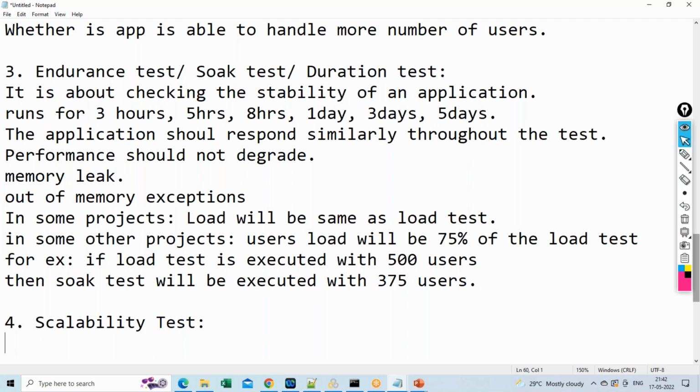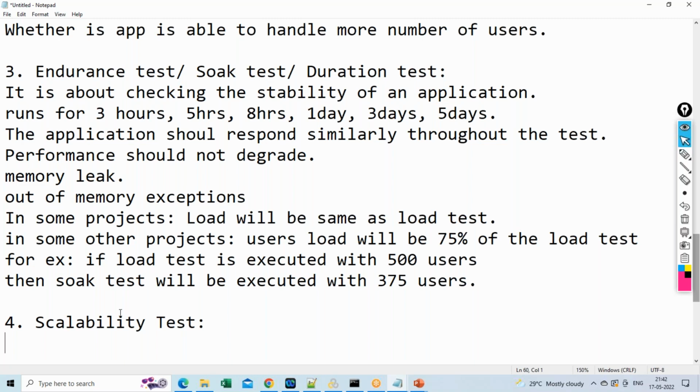Or let's discuss it this way: the number of users might increase by 50%, or by 75%, or by 100%. Considering future growth in the next 6 months to 1 year, the number of users might increase by 50%.